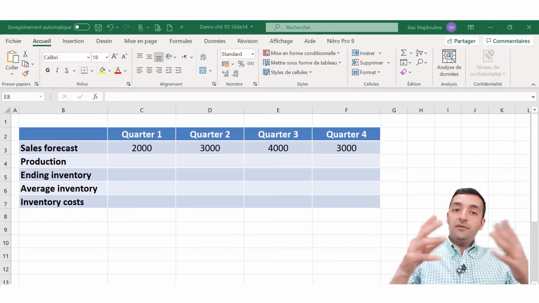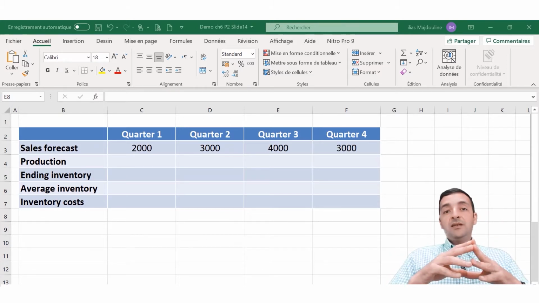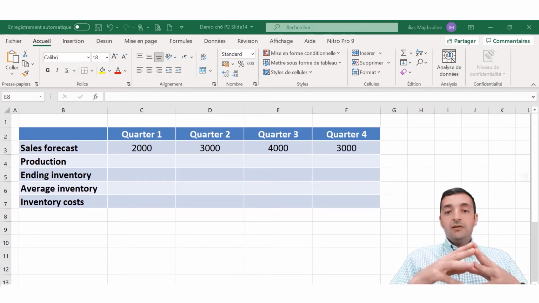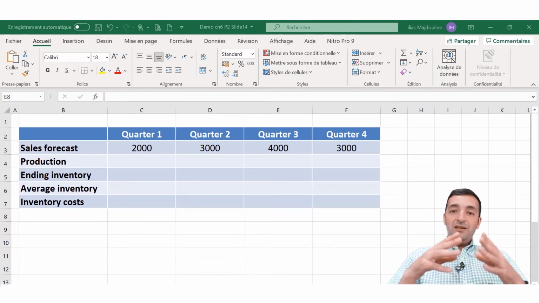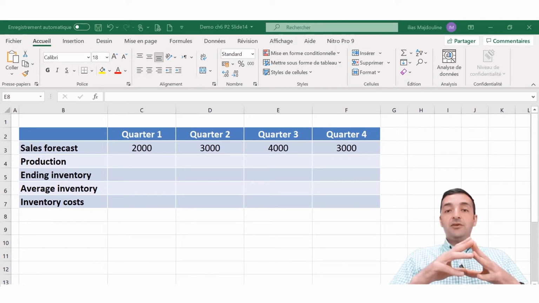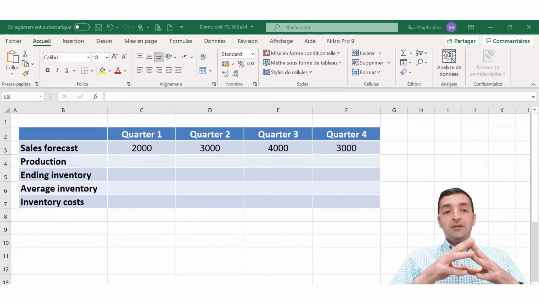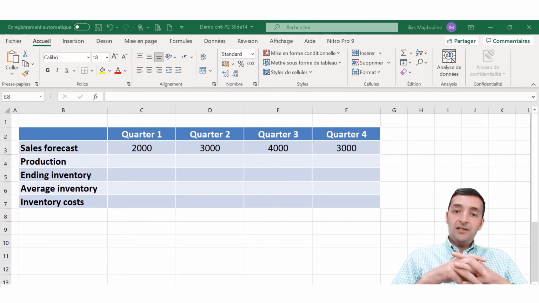On the basis of these data, we have to calculate with this worksheet the level production plan in the first step, then the quarterly ending inventory and average quarterly inventory. The opening and ending inventories were fixed to 0 in the exercise.